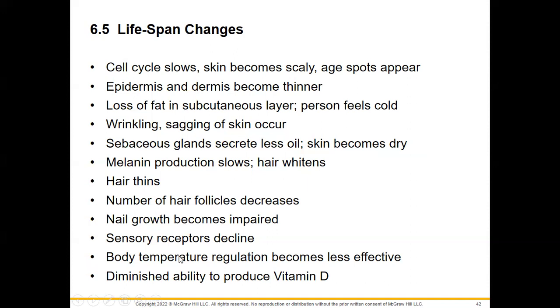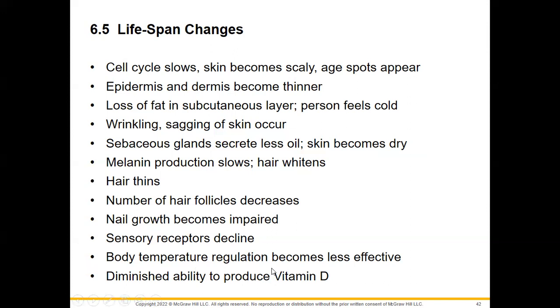Your sensory receptors will be less sensitive. So this is why elders won't always know how hot or how cold it is in an area. When it becomes excessively hot outside, you hear commercials saying, go check on your neighbors, go check on your elders. The reason is because their bodies are not registering the changes in temperatures as readily as it used to, so they won't realize how hot it is, and they can succumb to that excessive heat.